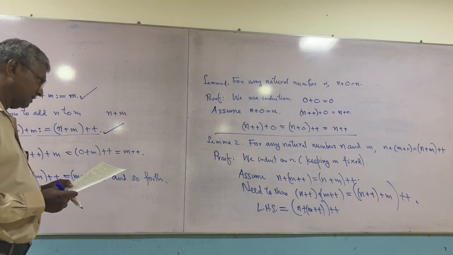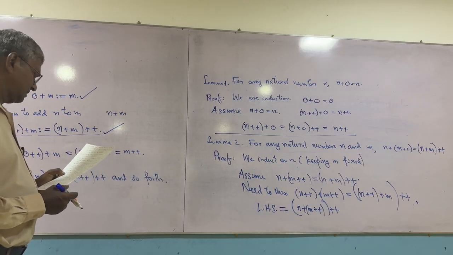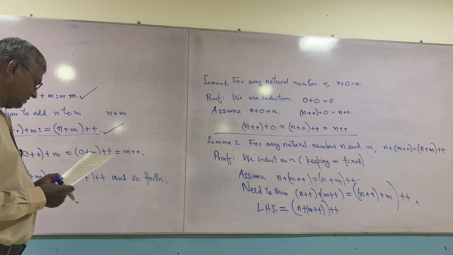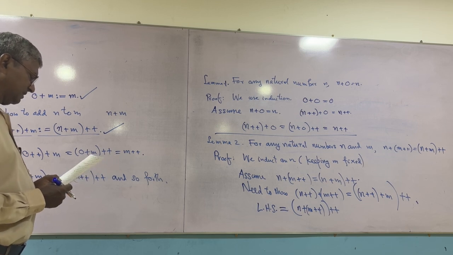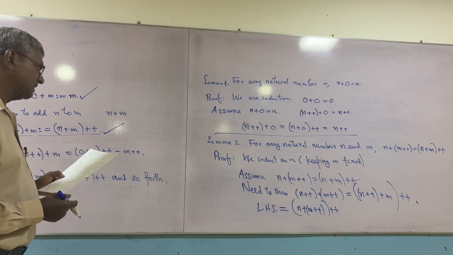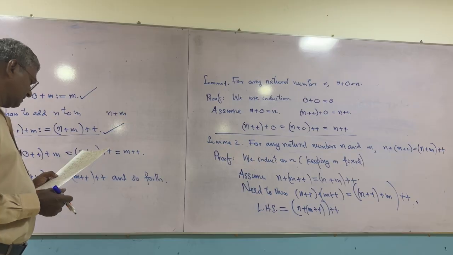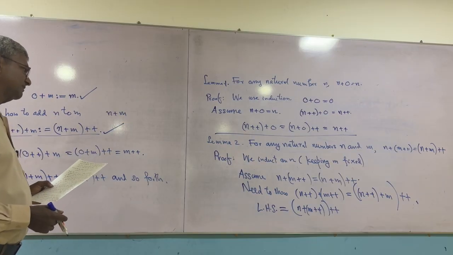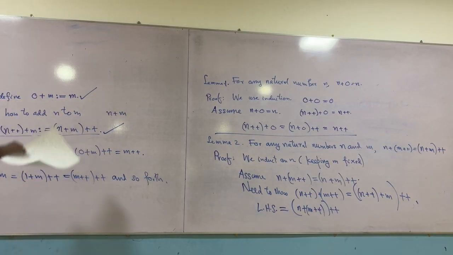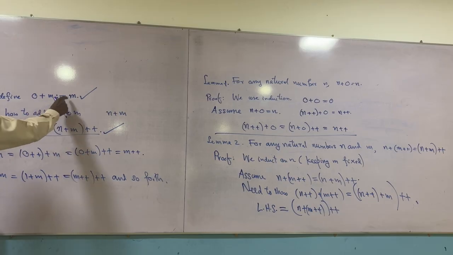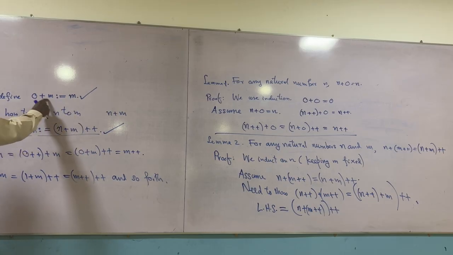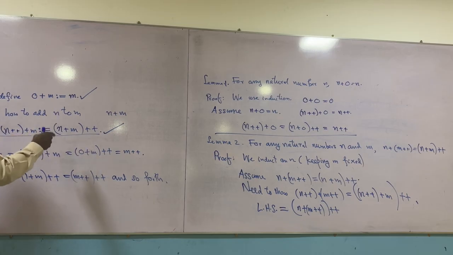Right? Did I do something wrong? By definition of addition. These are the two things, no? 0 plus m is m. If you know how to add n to m, then n plus plus plus m is like this.